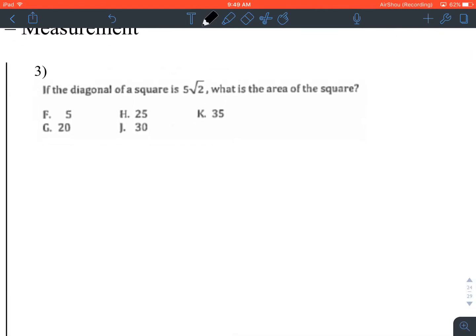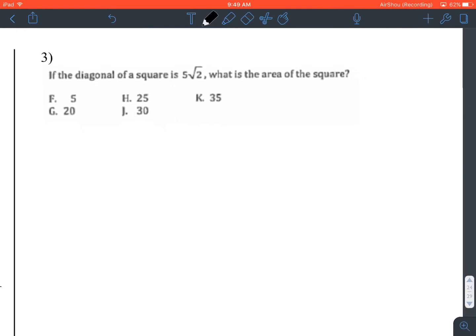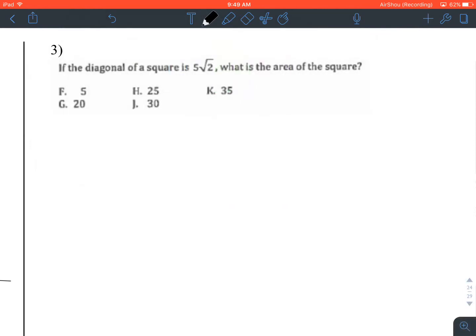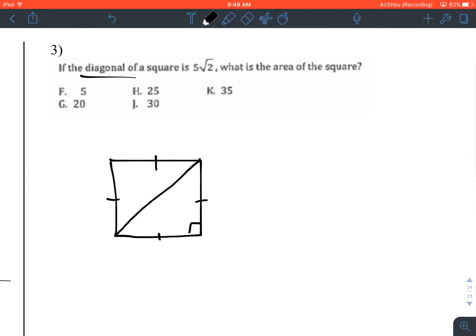Number 3, if the diagonal of a square is 5 square roots of 2, what is the area of the square? This question is deep. Let's first draw the square. A square is a rectangle in which all sides are the same length. So we're supposed to draw a diagonal. It says the diagonal of the square, just like this, is 5 square roots of 2.